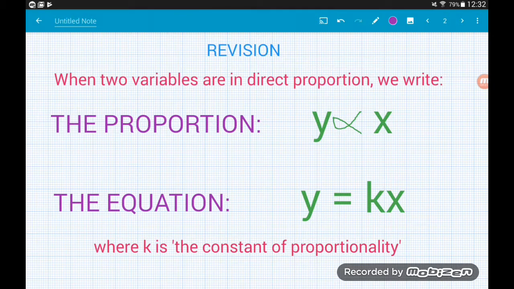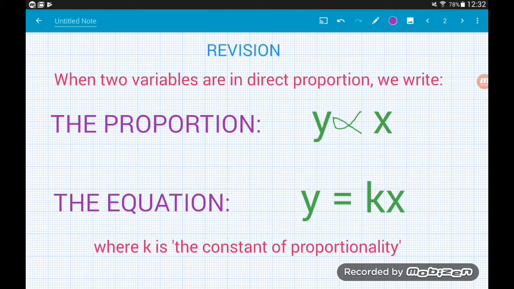Remember that when two variables are in direct proportion, we write their proportion as y alpha x. This little alpha sign that looks like a squiggle or a fish is just used to denote a proportion. So we read that as y is directly proportional to x.